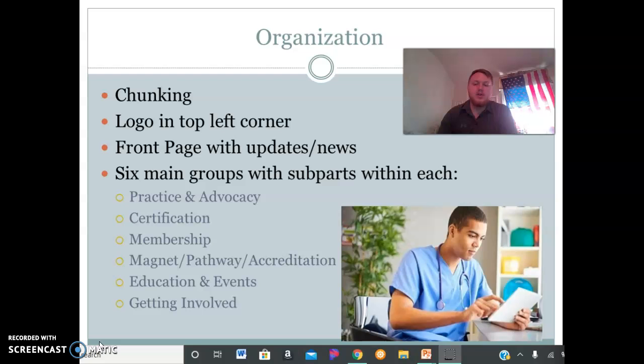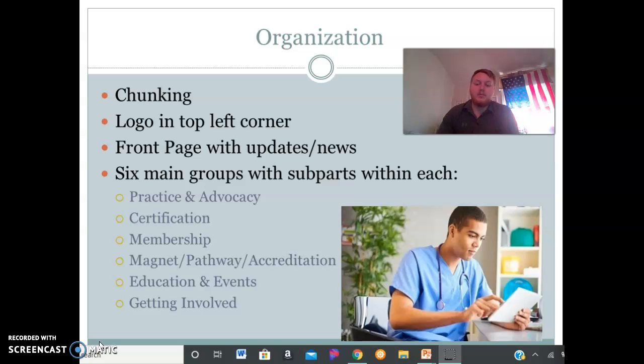The front page is always the updates and news. When I was on it last, it was information about the coronavirus and what was changing in their organization. After that, they have six main groups that are seen as drop downs, and each of them has subparts within. They're all in an alphabetical list form.